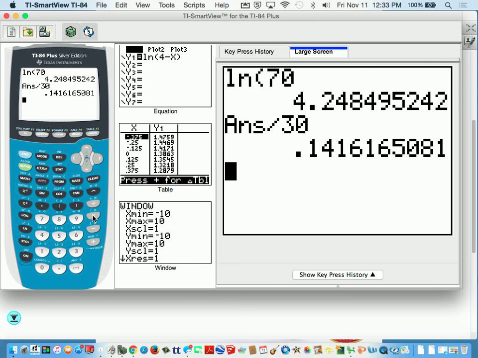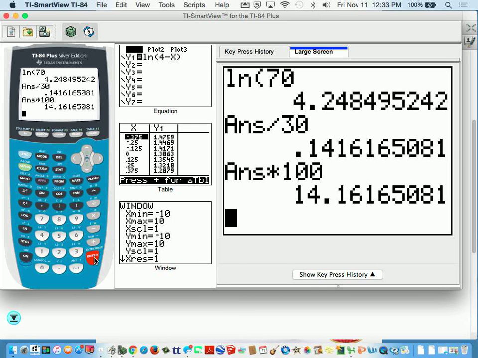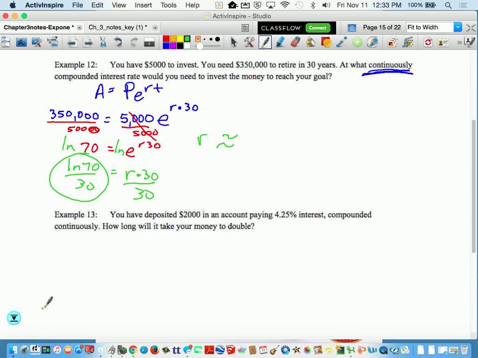So if I multiply that by 100, the bank is offering me about 14.16%. Or I need to make sure my investment stays close to 14.16% to have that amount of money at the end.